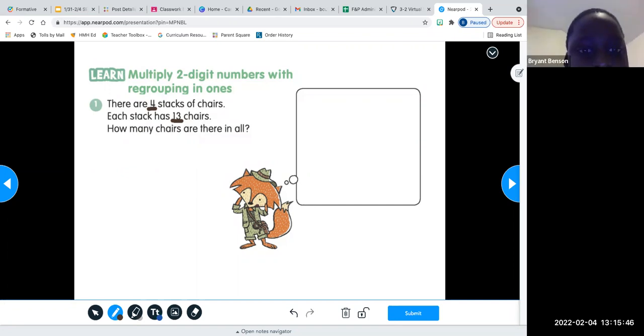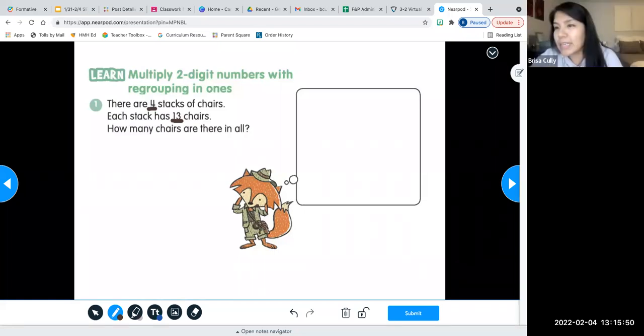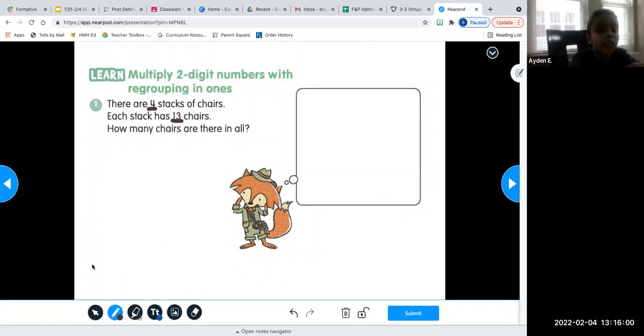Any other ideas? Aiden, how would you check the accuracy, that we want to be certain that there's 52 chairs? I'll be certain by trying to do it again or breaking it up into easier parts.